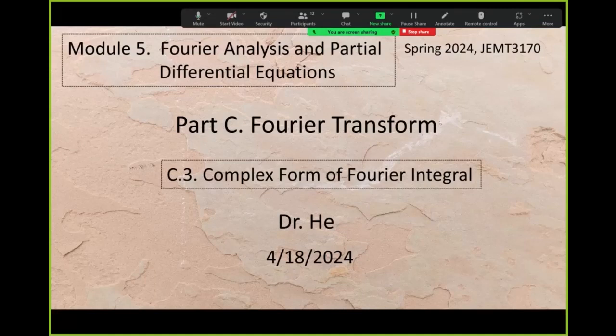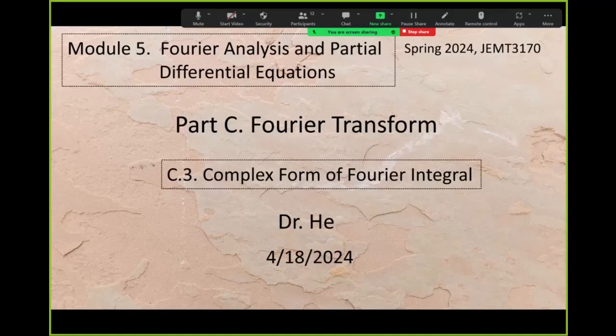At this point, Fourier cosine and Fourier sine are both real forms. They're both real forms. No complex, no i. But now we want to combine the Fourier cosine transform and the Fourier sine transform together. After we combine, we use the Euler formula, and we get a complex expression, the exponential function, e to the i times some expression.